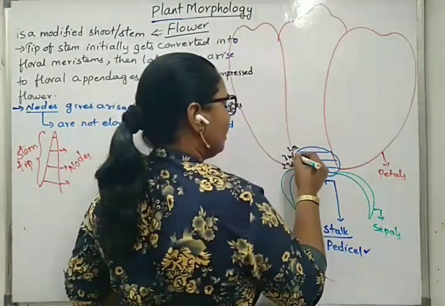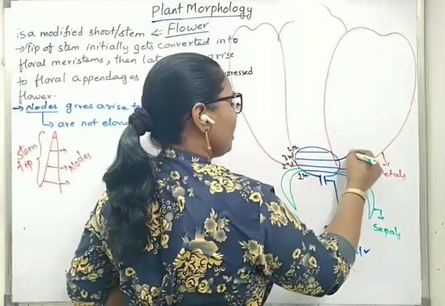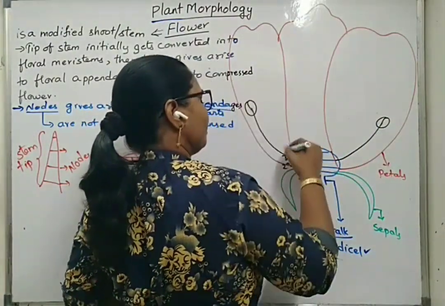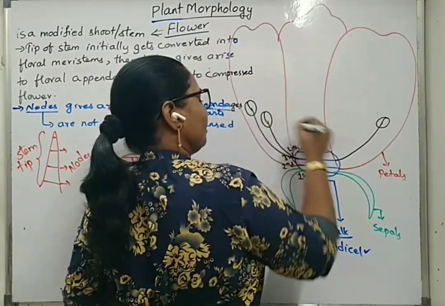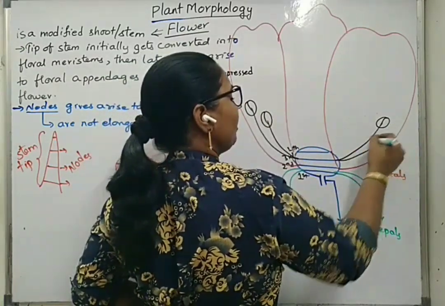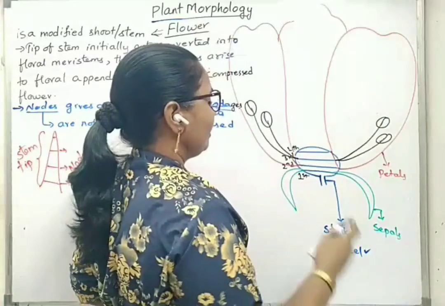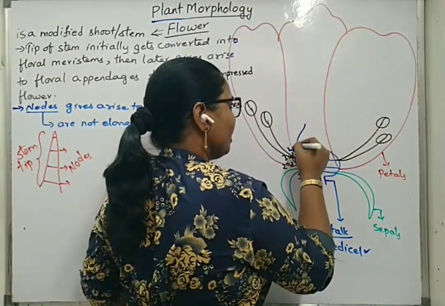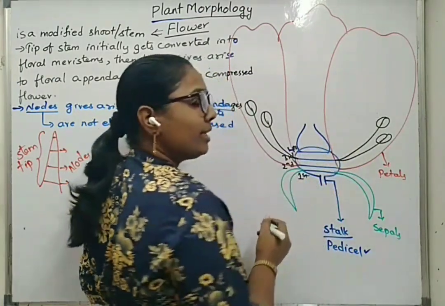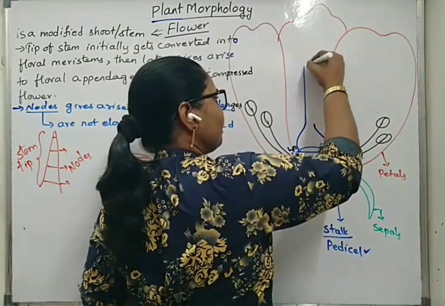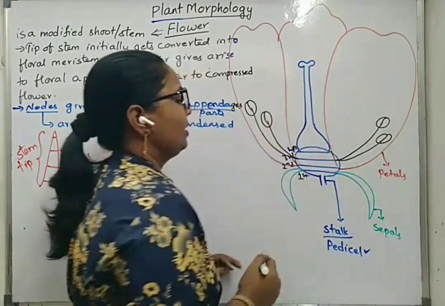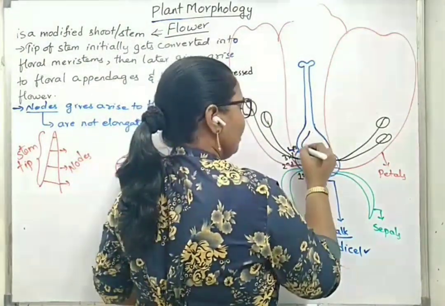Next, the third node gives rise to androecium. The androecium number differs. Next, the fourth node gives rise to gynoecium, the female reproductive structure. So here will be the ovary.